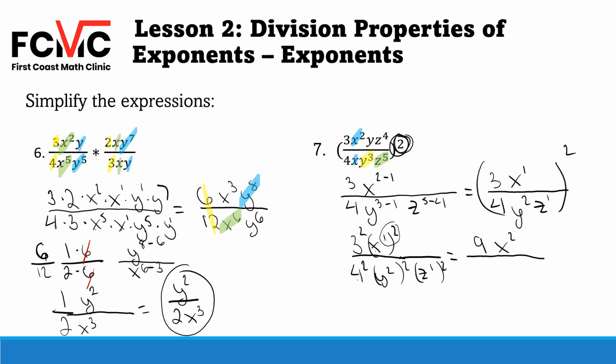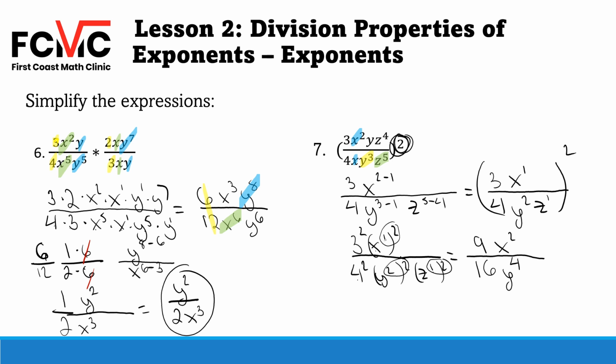4 to the 2nd power is going to give us 16. Y to the 2nd to the 2nd power, so again, power to a power. We're multiplying these exponents, so this is going to give us y to the 4th, and z to the 1st to the 2nd.